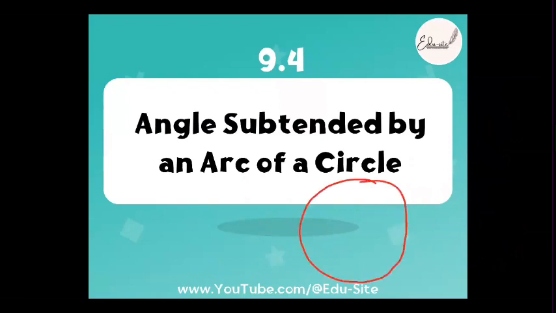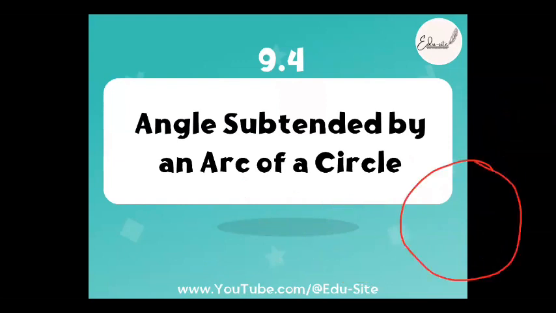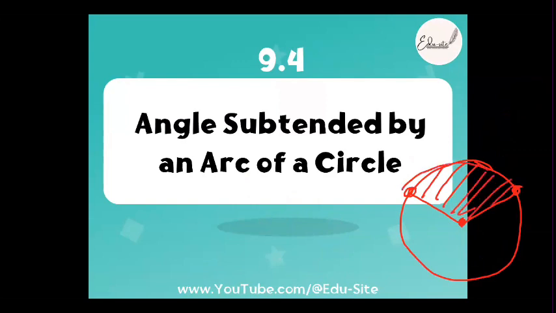So if you have these 2 chords, if this chord is here, then this forms a minor arc, this forms a major arc. Fine? If you have a circle, and if a point is in this way and this way, then does it not touch 2 points? Yes. So this is an arc, correct? This part is also an arc, correct, beta? Yes, even this part is also called an arc of a circle. Understood? Any doubts?